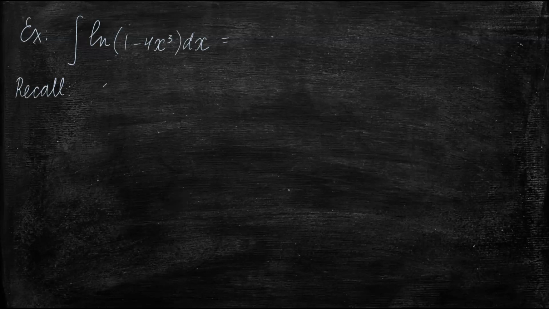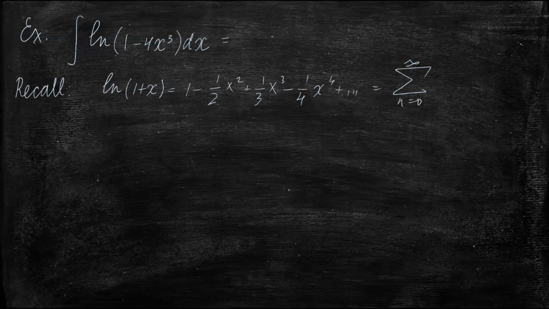ln of 1 plus x is equal to x minus 1/2 x squared plus 1/3 x cubed minus 1/4 x to the 4, etc. So this is the power series for ln 1 plus x.